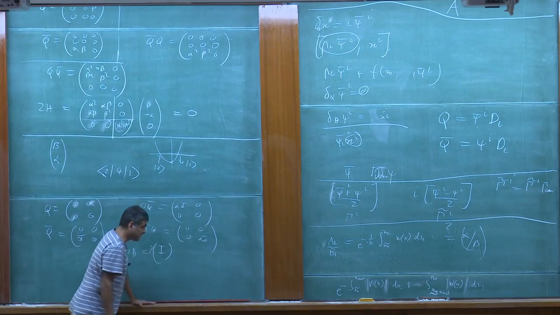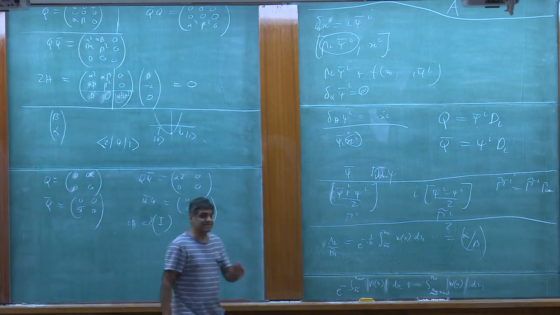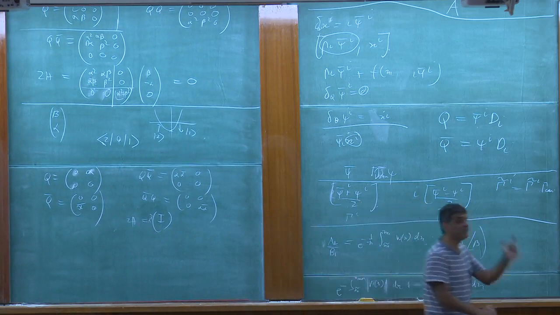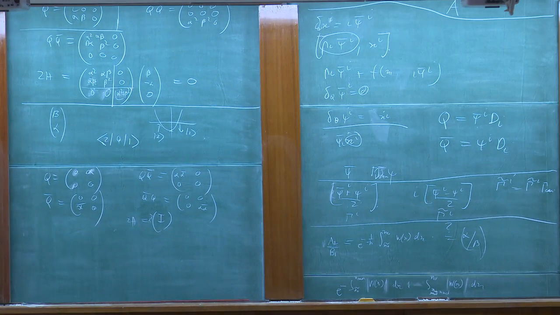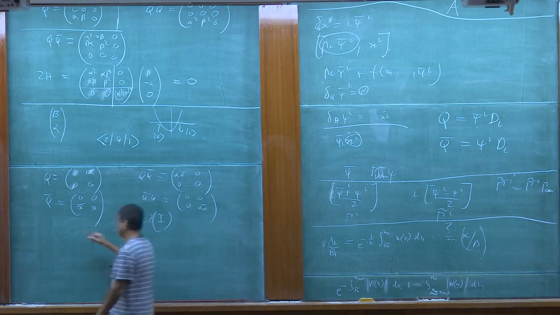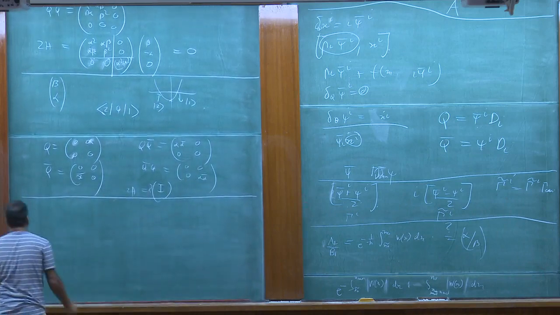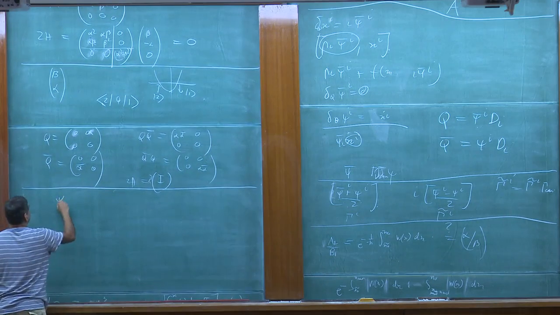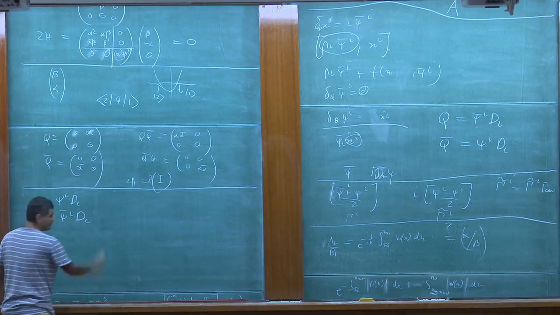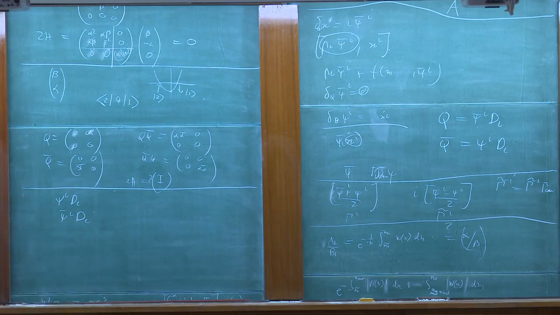Okay, so now we're in business. We know what our supersymmetry operators are. So our supersymmetry operators were psi I d_i and psi bar I d_i. Probably.